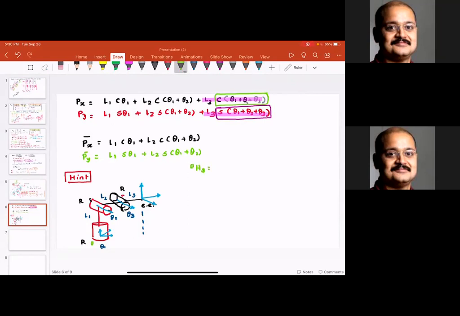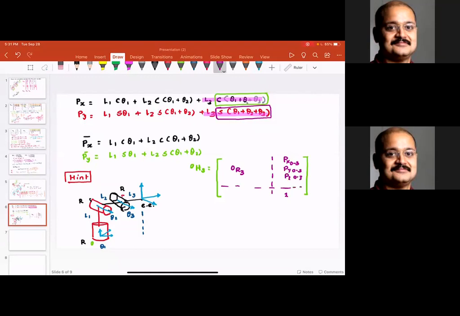0H3. And once you solve 0H3, you're going to have a rotation matrix, which is 0R3. You're going to have 1 over here, and you're going to have Px 0 to 3, Py 0 to 3 and Pz 0 to 3.